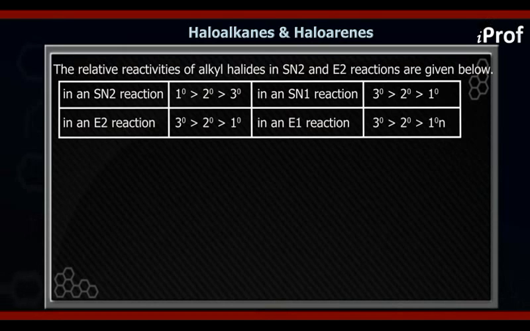The second point is that a 3 degree compound undergoes SN2 the slowest, whereas it undergoes elimination, E2, the fastest. So if we are given a 3 degree compound and the conditions are favorable for SN2 E2, E2 will take place.